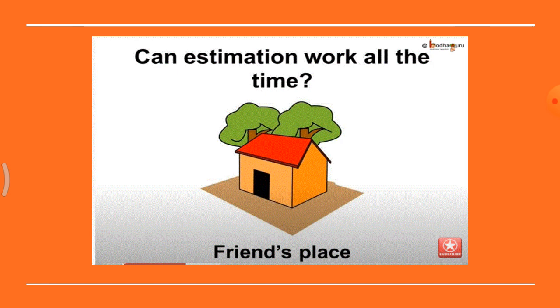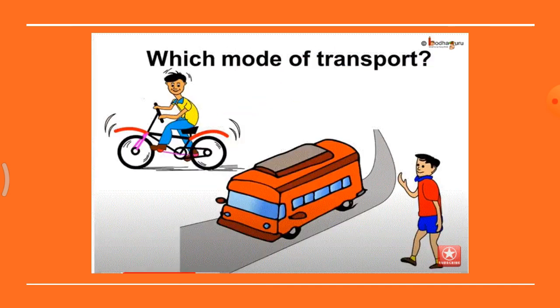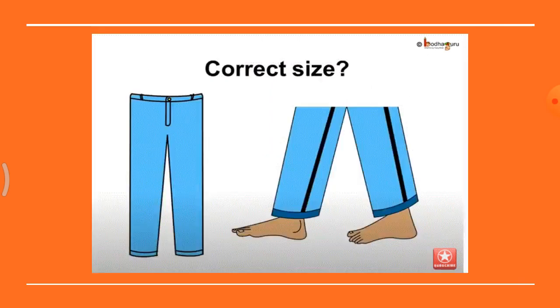Like, if you want to go to a friend's house and you have his address but no idea how far or near it is, then you will be confused whether to go there on foot, use a bicycle, or take a bus. In this case, knowing the exact distance between your home and your friend's home helps you to choose the appropriate mode of transportation.